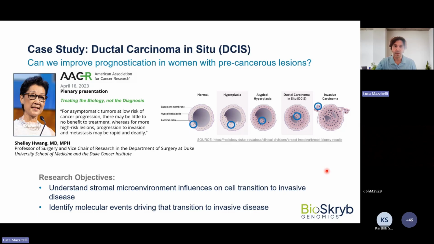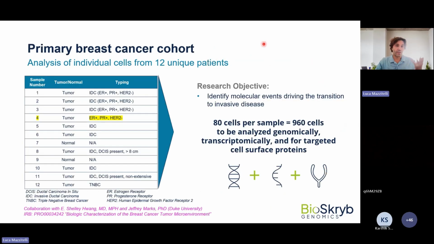What we did in this collaboration was the analysis of 12 unique patients. We collected about 80 cells per sample. All the patients had different levels of carcinoma.